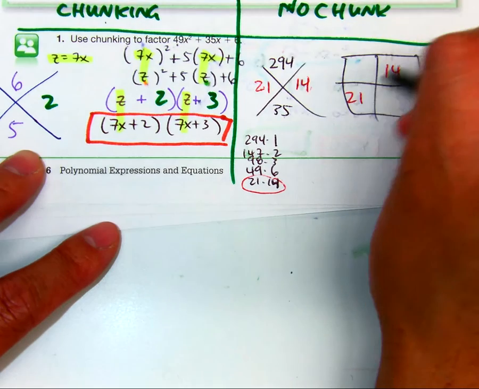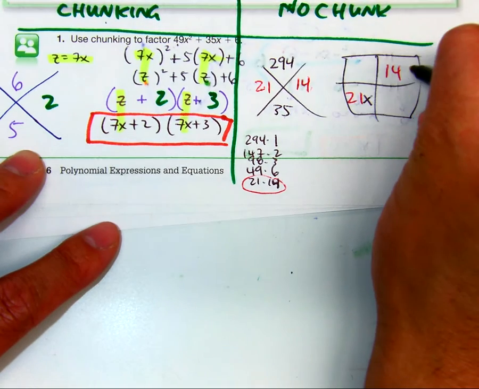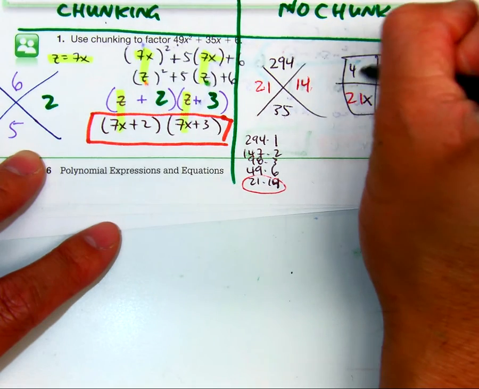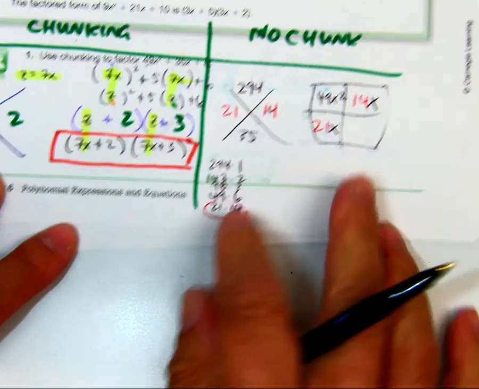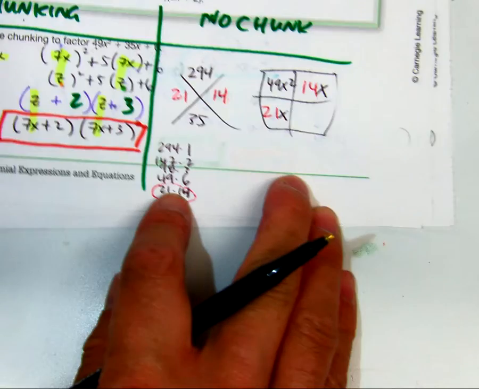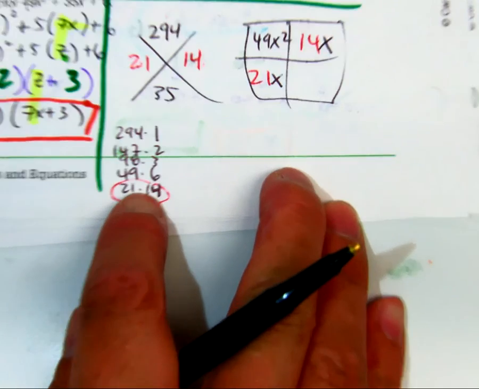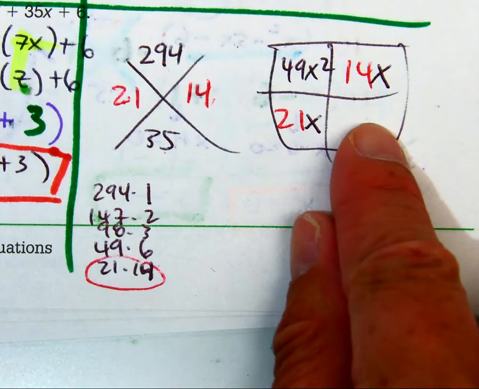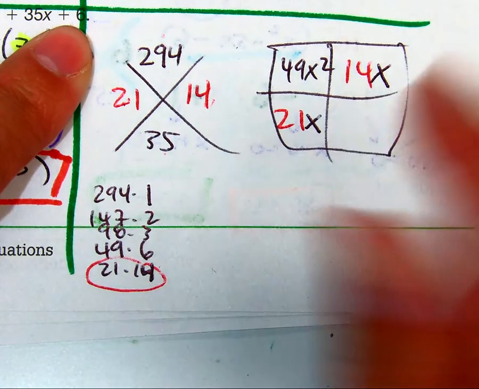These two go here, and you're going to add an x. I'm going to put in the first term. Class, what goes here? 6. The last term, right? 6.